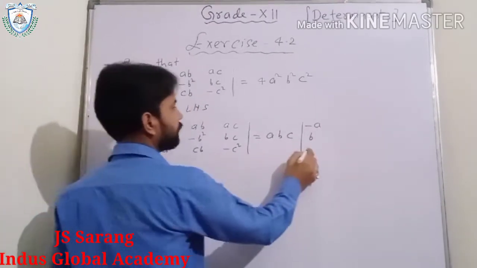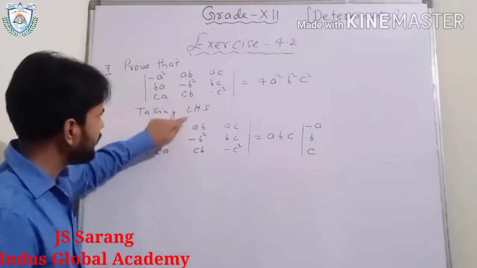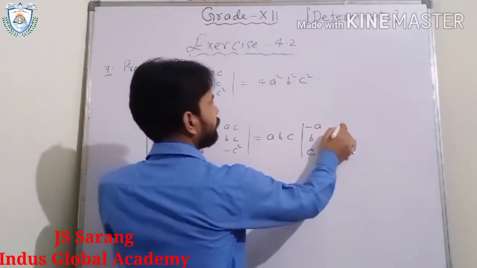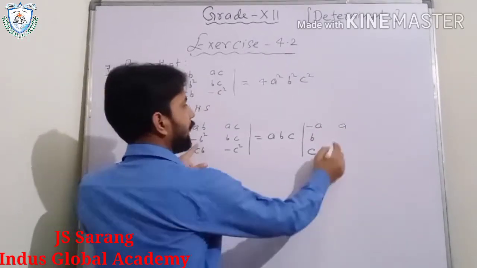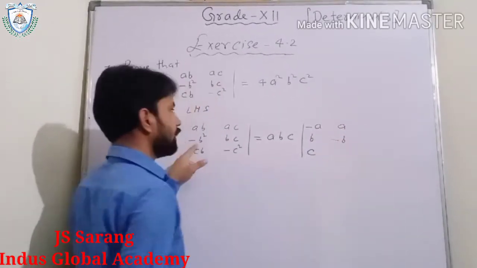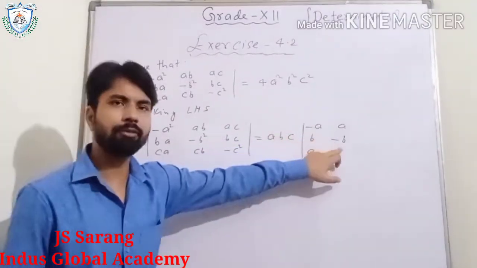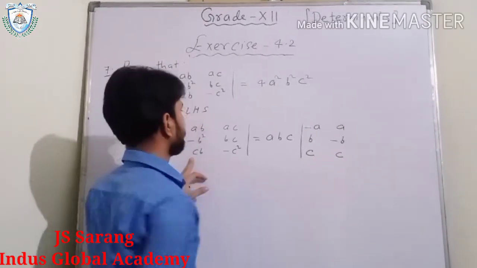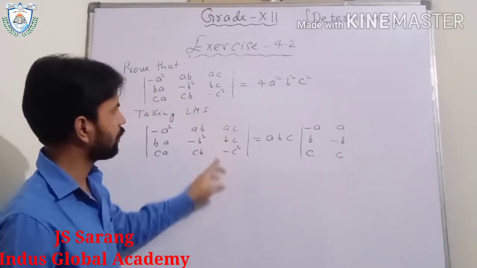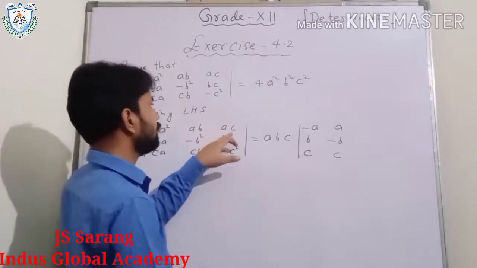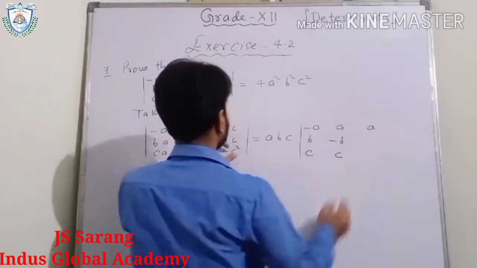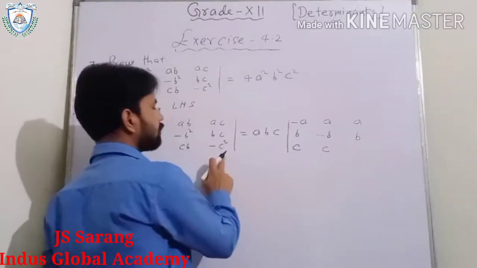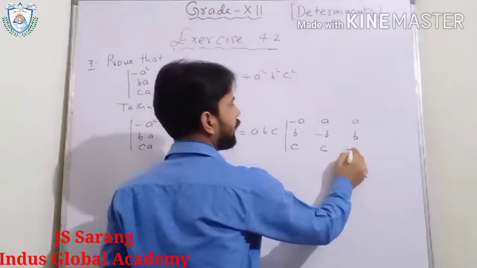CA, c is left. b is common from here, so what is left? a. Minus b, because b square is here and b is common, so one b is left here. CB, b is common, so what is left? c. c is common from the third column, so what is left? a. c is common, b is left. c square is here, c is common, so minus c is left.